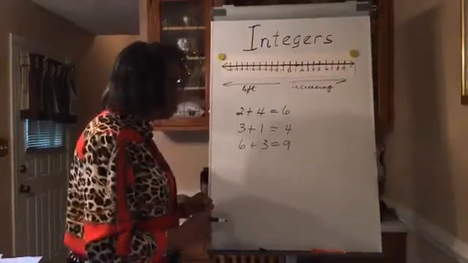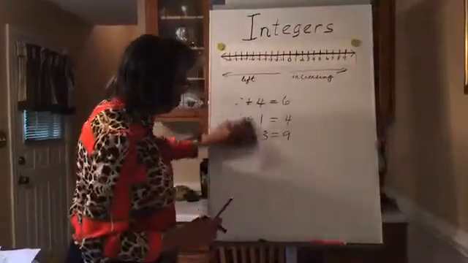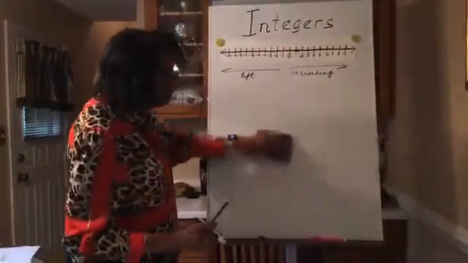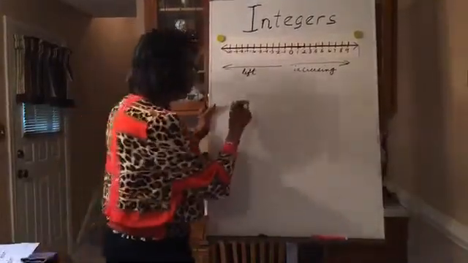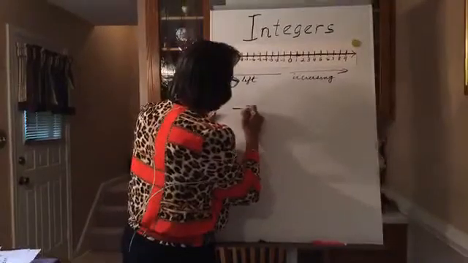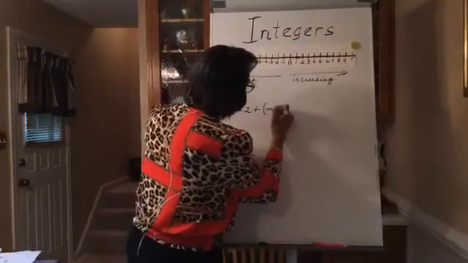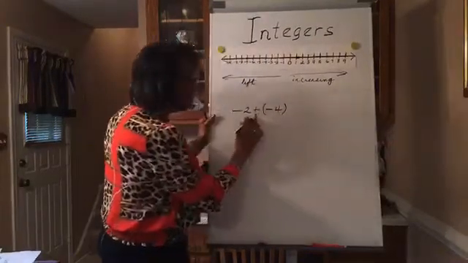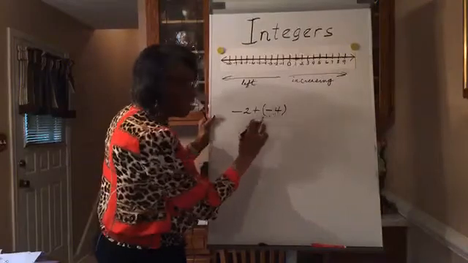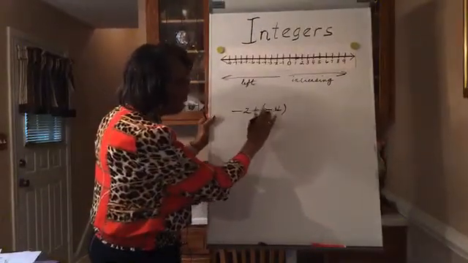Now let's change it and do some negative addition. Let's do negative 2 plus, and I'm going to put this in parentheses, negative 4. I'm using parentheses because I don't want the plus sign and the minus sign to just be hanging out together. Negative 2 plus negative 4.